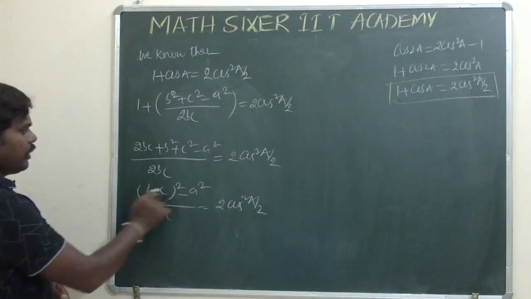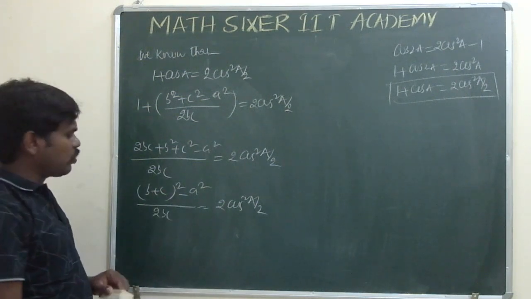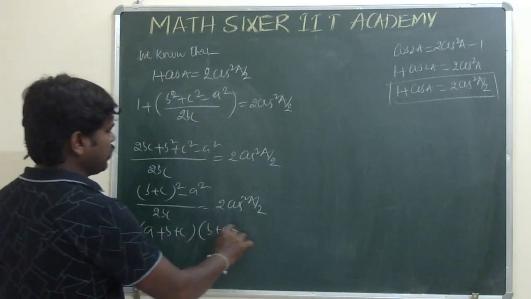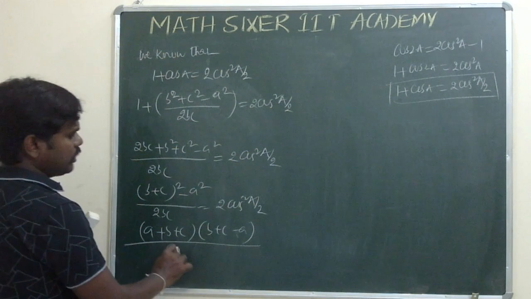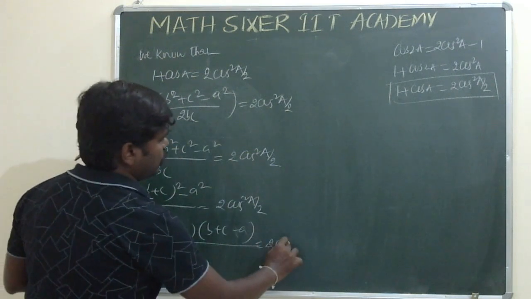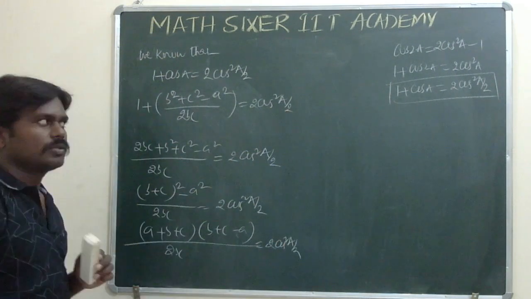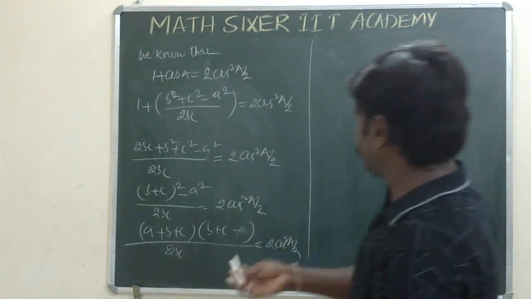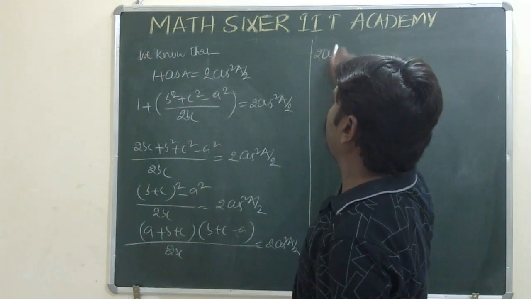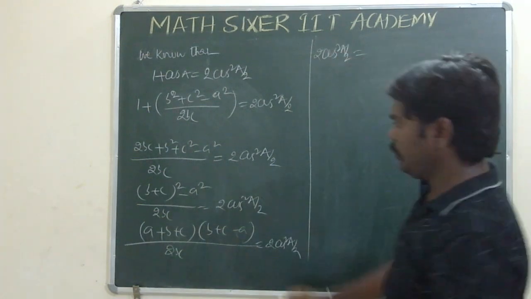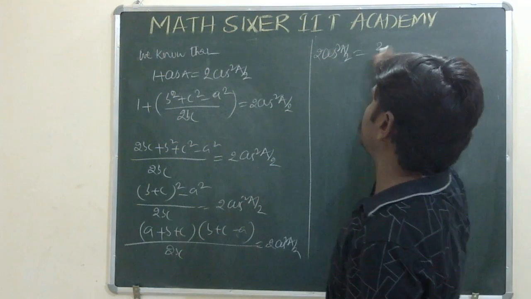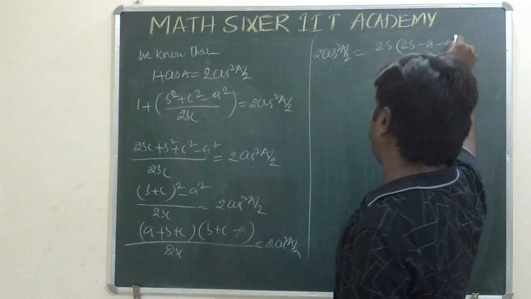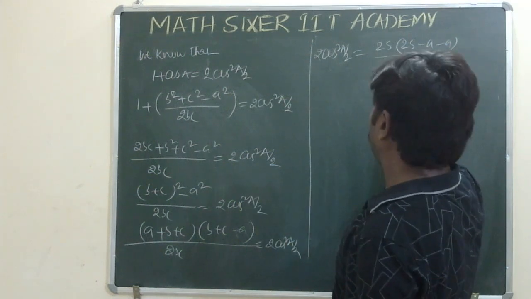Now here it is in the form of a square minus b square. So here what we can write, means here (a plus b) into (a minus b), that means here (b plus c minus a) divided by 2bc is equal to 2 cos square a by 2. So now what we can write here, 2 cos square a by 2 is equal to a plus b plus c, means here we can write 2s, into b plus c, means here 2s minus a, and again we have minus a, divided by here 2 into bc.